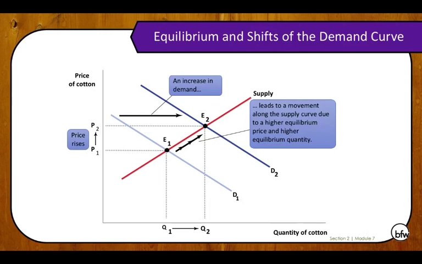So an increase in demand leads to a movement along the supply curve due to a higher equilibrium price and higher equilibrium quantity. So notice, there was a shift of the demand curve which led to movement along the supply curve. And as a result, the price of concert tickets, or shown here, the price of cotton, goes up, and the quantity of cotton or concert tickets sold in the market rises as well.